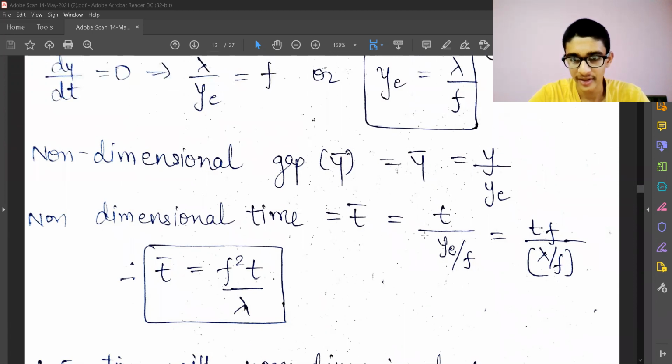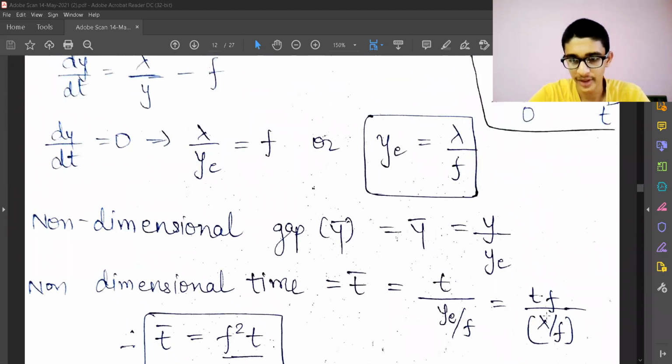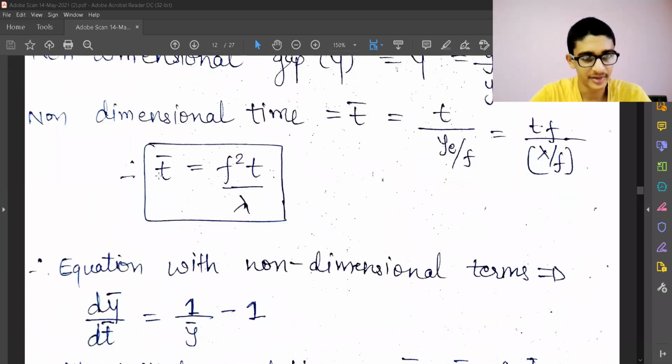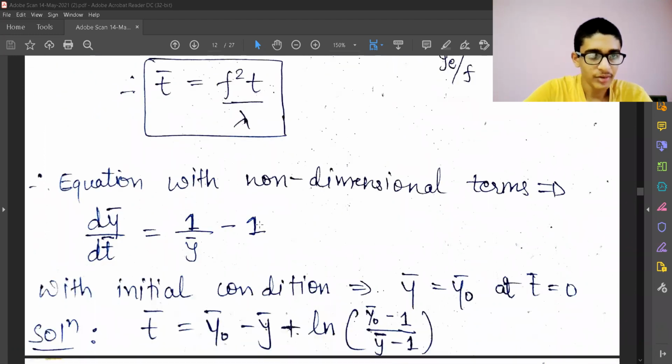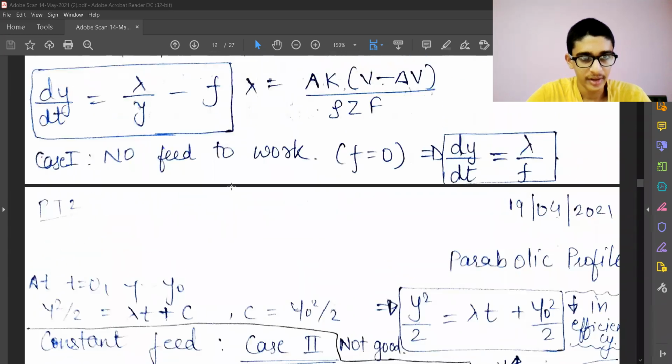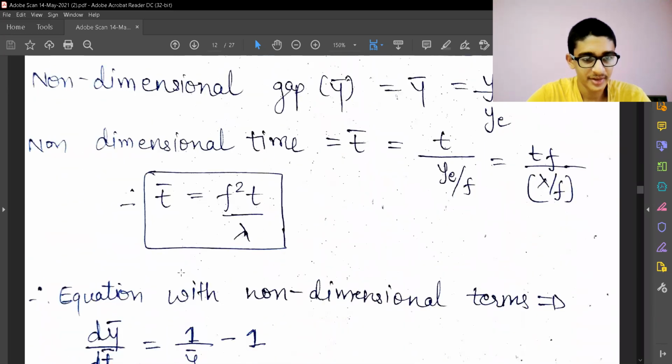I have just substituted ye from over here, so the non-dimensional time t bar will be f square t by lambda. And now the equation with non-dimensional terms: I have just non-dimensionalized all the terms in the actual equation.